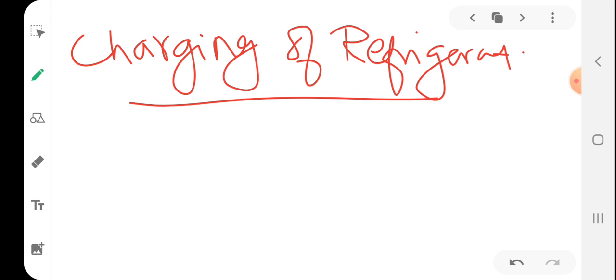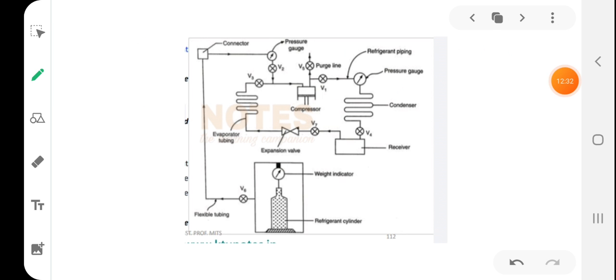So we have a diagram for how the working is done. Students, this is the diagram showing the charging of a refrigerant into the system.